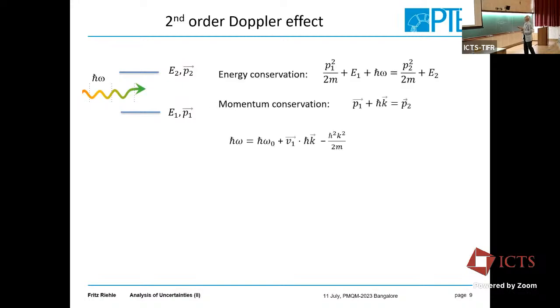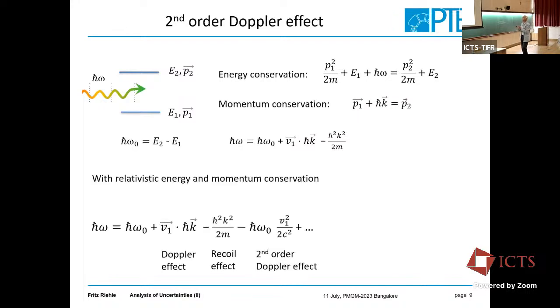Then you can use energy conservation and momentum conservation to see that the frequency you need is not exactly this frequency, but also depends on the first order Doppler effect plus a recoil effect. And if we use the relativistic energy and momentum conservation, and I do not bore you with the calculation, then you get another term depending on the velocity squared, which is called the second order Doppler effect.